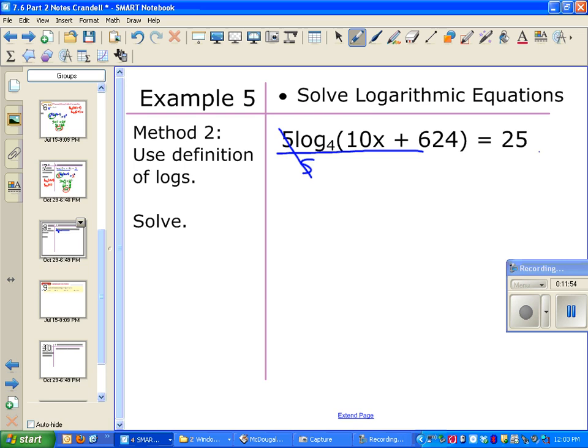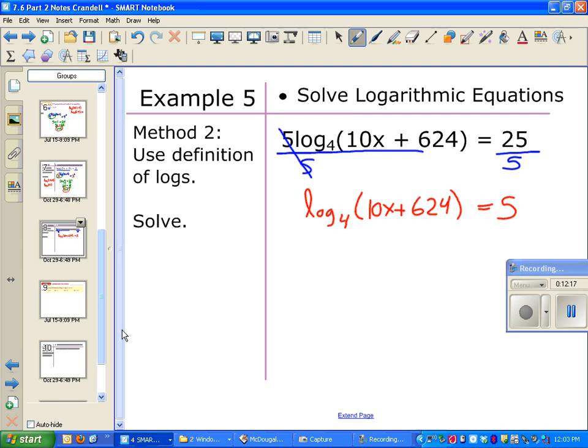Whatever we do to one side, we do the other side. So what we have left is log base 4 of 10x plus 624 is equal to 5. All right, so now it's just like the other 3 examples. So pause this, do this all by your lonesome, and then check back with me later.